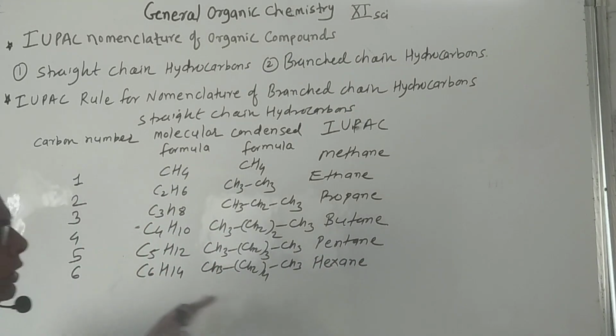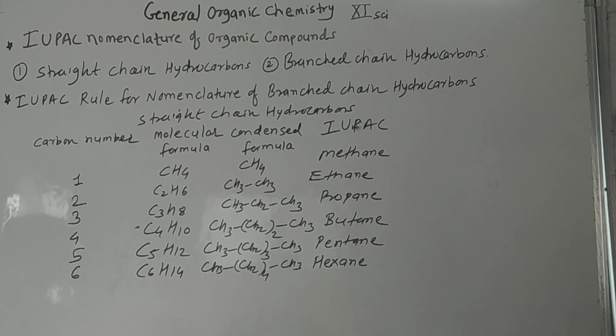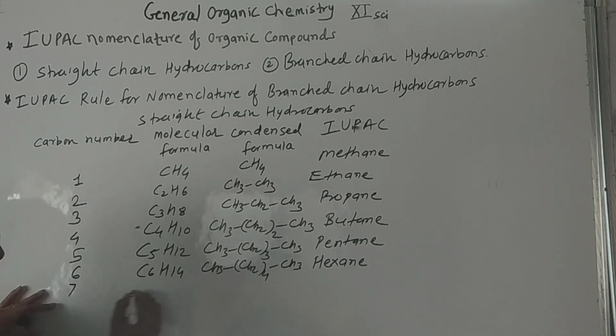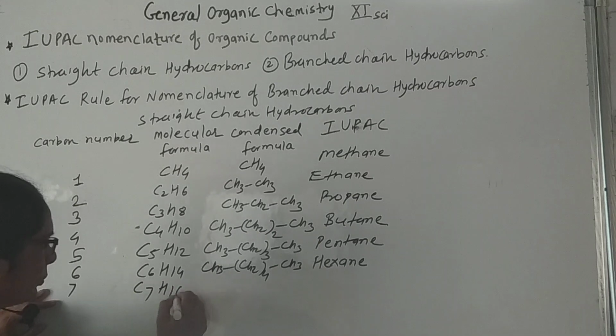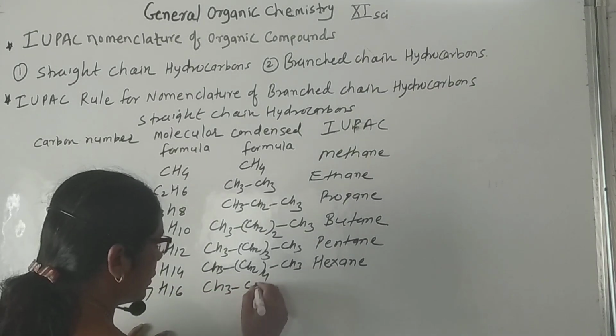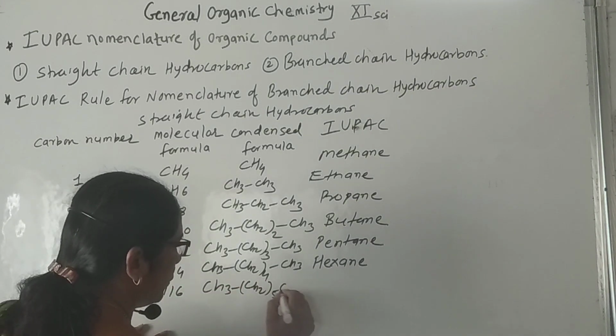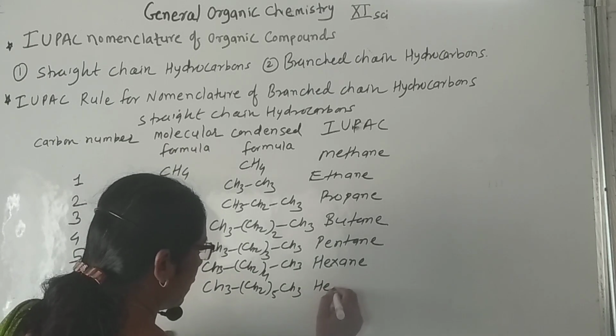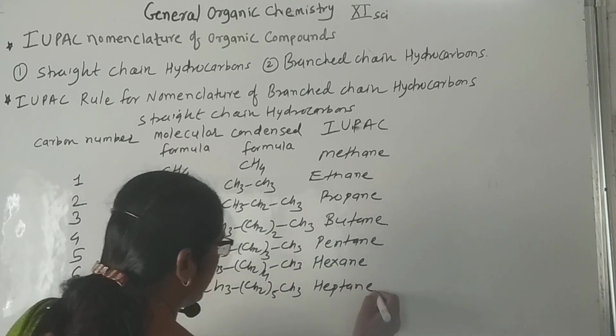Like this way, you can consider the IUPAC name of the alkanes by considering the carbon number. CH3, CH2 five times, CH3, that is heptane.